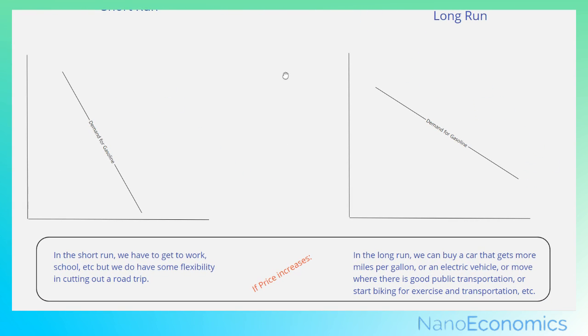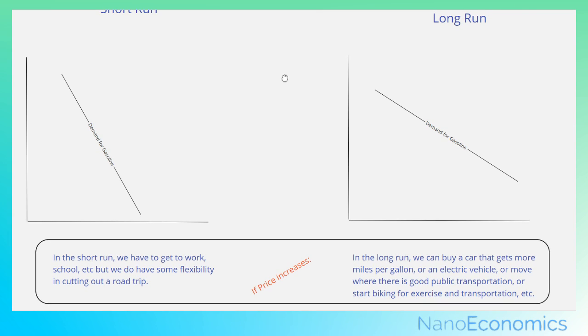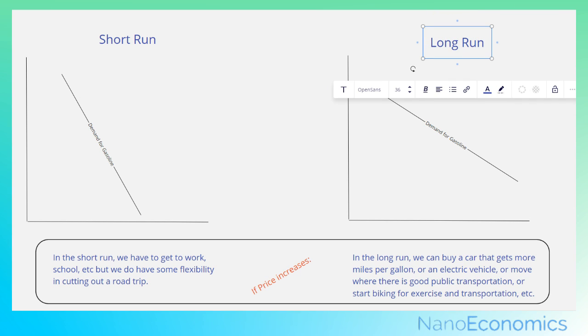What we want to do first, make sure I've got everything in view here. Here we've got our short run and our long run picture. We have the more inelastic curve in the short run.